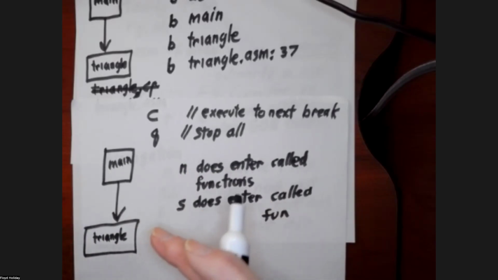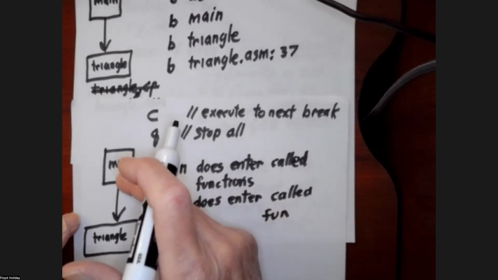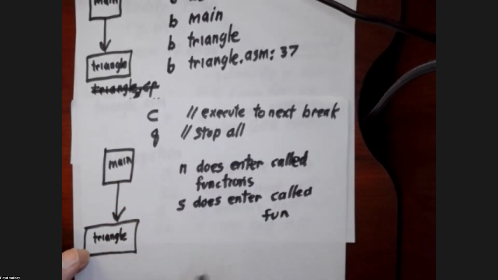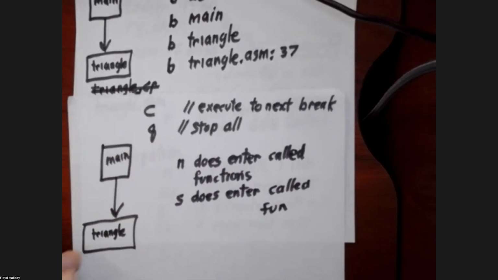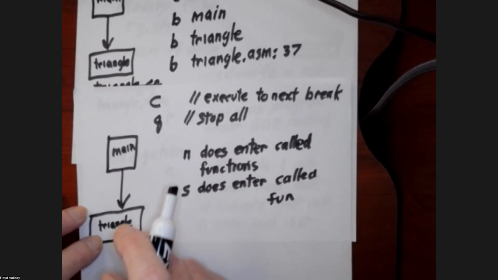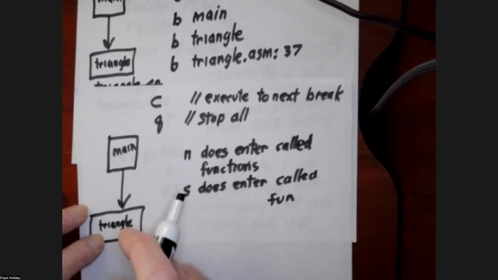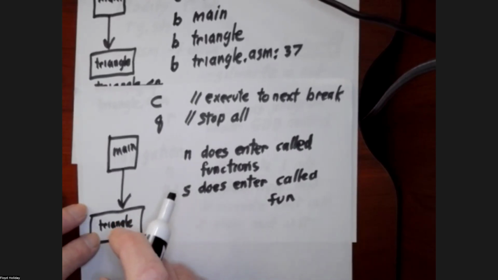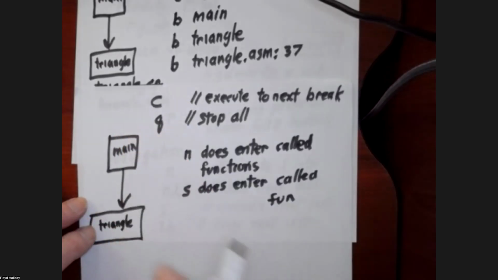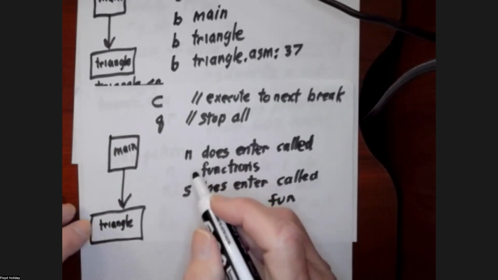S does the opposite. S executes line by line here. When it reaches a call to a function, it continues inside that function, executing a line at a time. So if your bug is here, if you're pretty sure it's here, you have to use S to get to it. But if it's back here and you're sure this is clean programming down here, then you'd want to use an N.